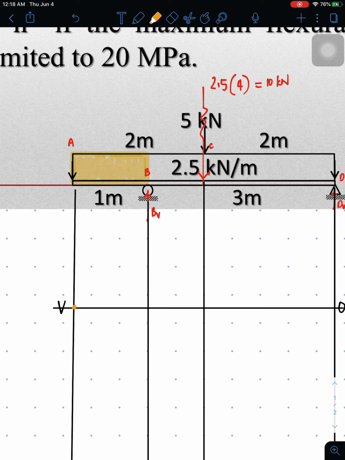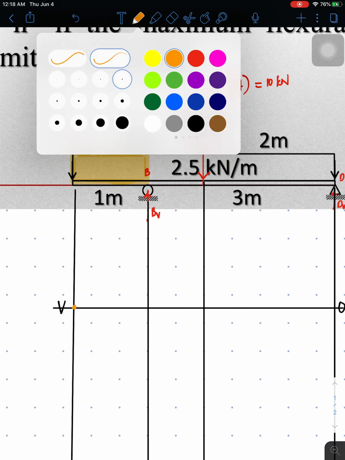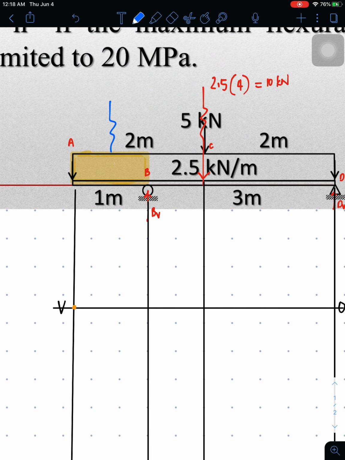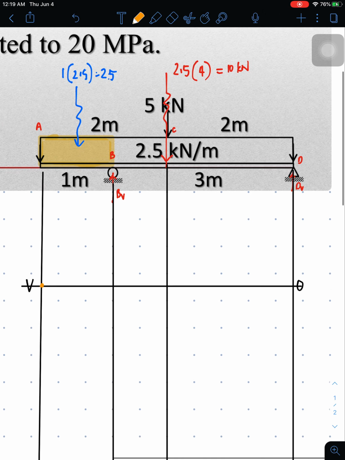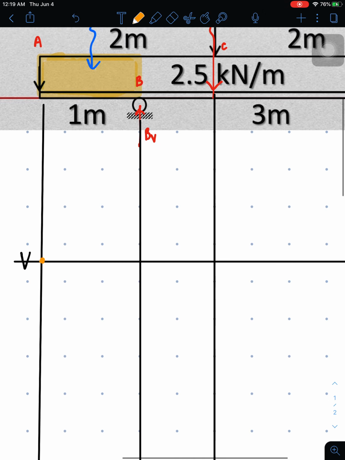The area is 1 times 2.5, and that's 2.5, then downward, so it's negative 2.5.